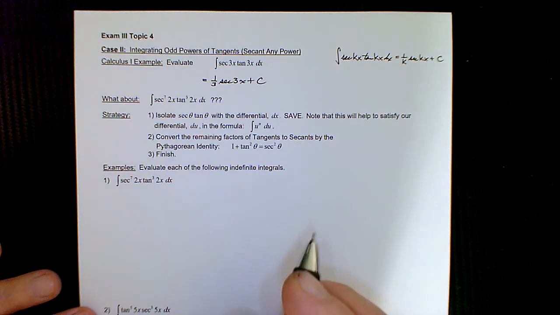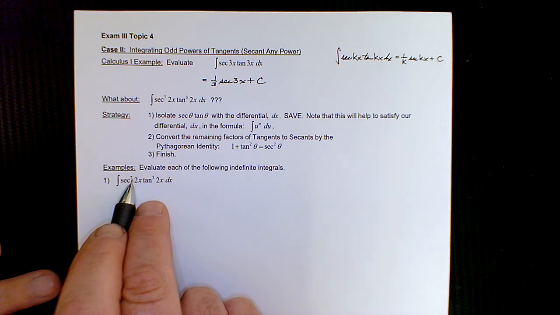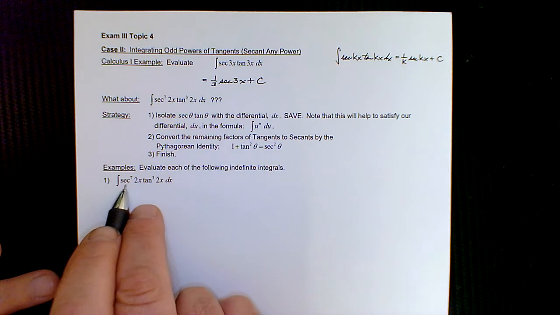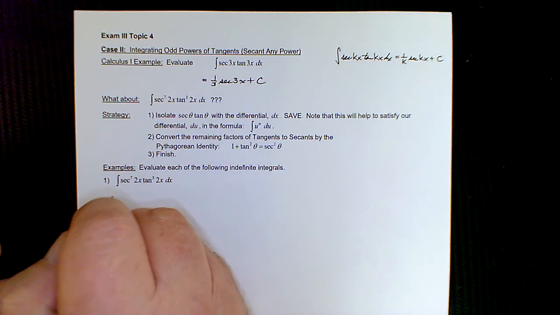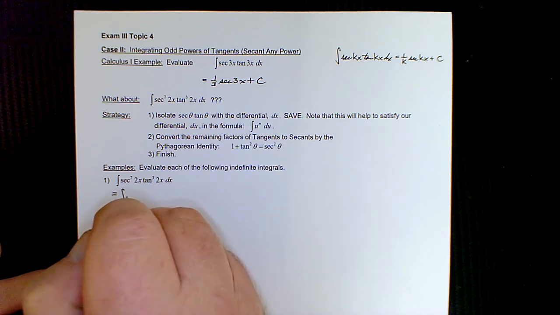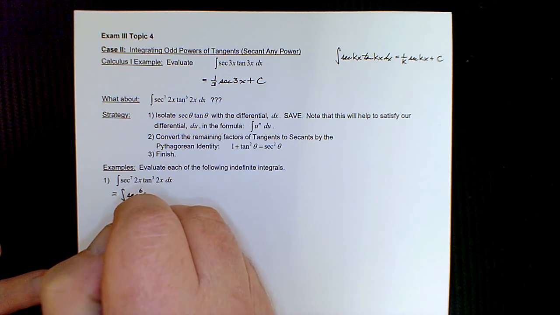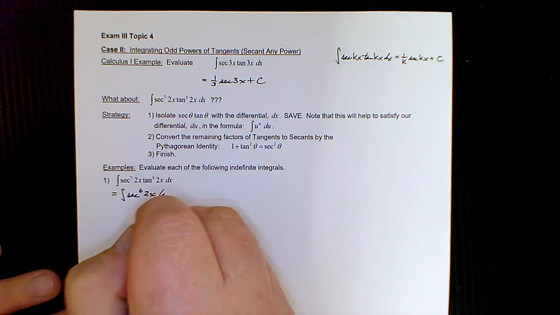So following this procedure, once again, note that the power on secant here is odd, so we cannot use case 1. Power on tangent is odd, and we do have a factor of secant present, so this case does apply. And so we borrow 1 factor of each. Taking away 1 factor from secant to the 7th, we're left with secant to the 6th.